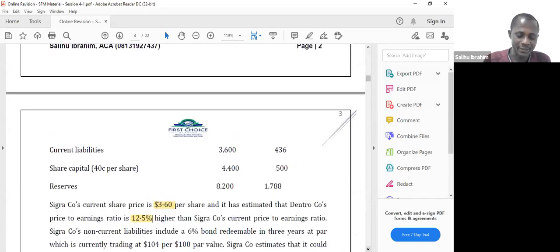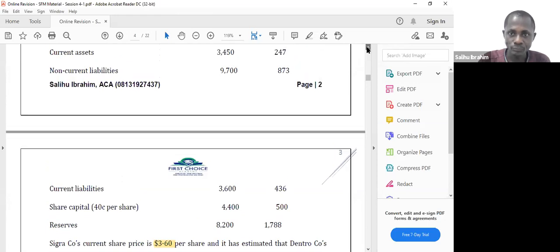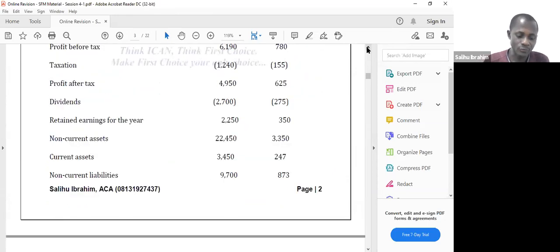Let's go and compute it. We have 500 all over 0.4. That is 1,250. We're going to confirm that. 625.